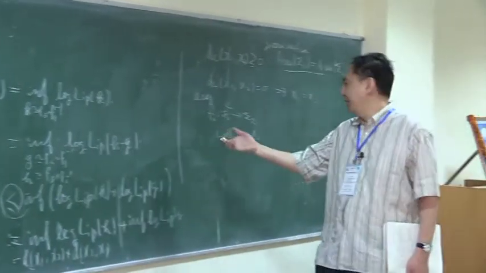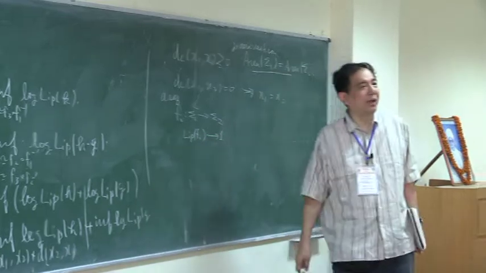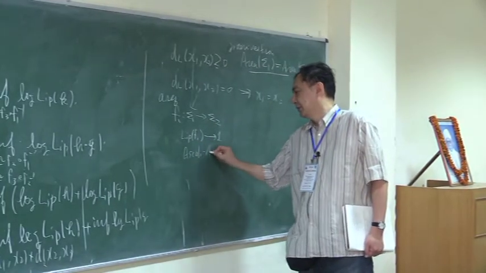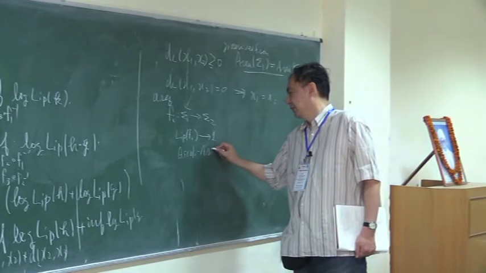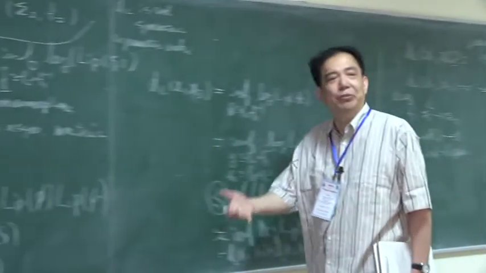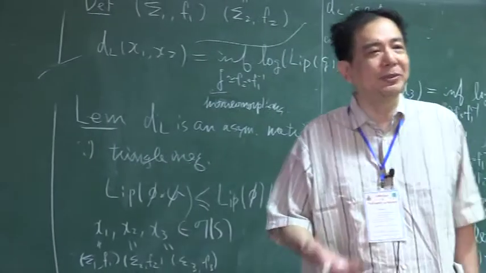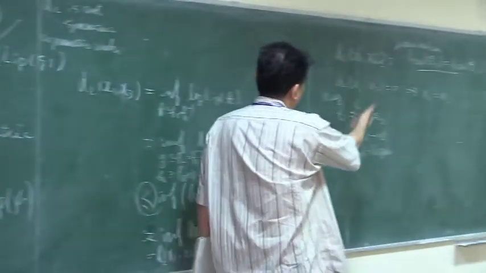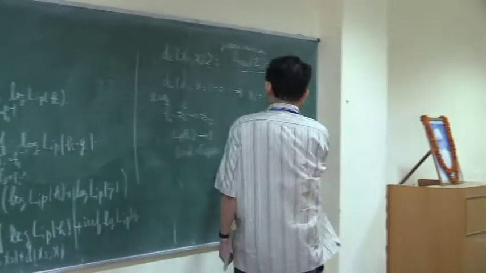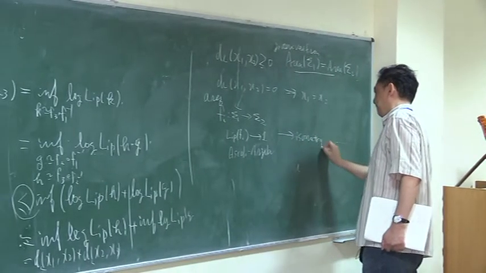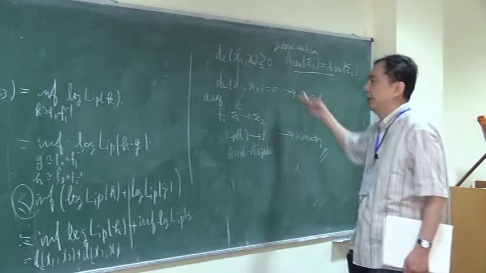And again, then you use the theorem of Arzelà-Ascoli to get a map with Lipschitz constant 1. The Lipschitz constant 1 means isometry. So as a limit, you get the isometry. So that's a proof.